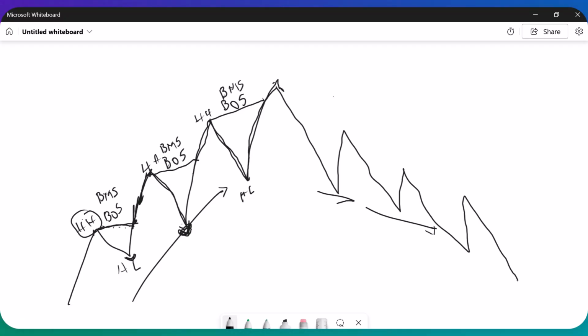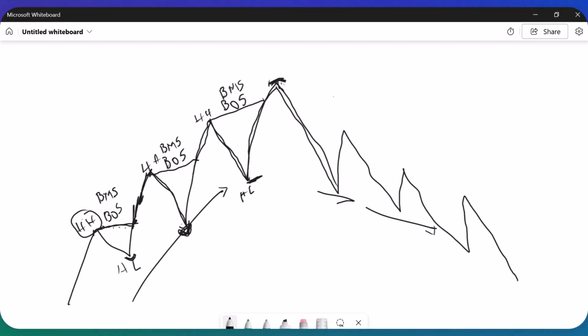So now price has reached this level. It has probably become overbought if you check an RSI indicator, the relative strength index. Meaning the market wants to start reversing, or you're already seeing rejection candlesticks, or it is reacting to a particular supply or demand zone.